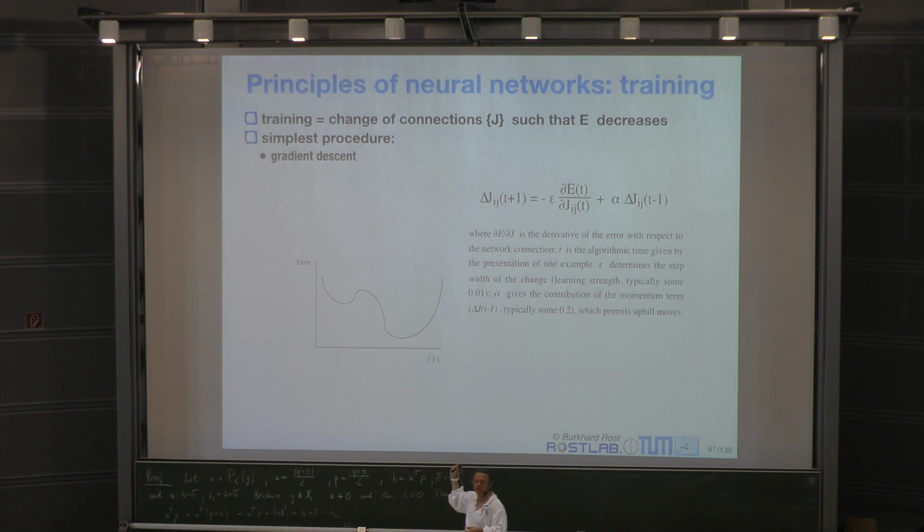Then the next term here, the alpha, brings in the change from the time before that allows slight uphill moves. Depending on how high you choose this alpha to be, the uphill move is higher or lower.